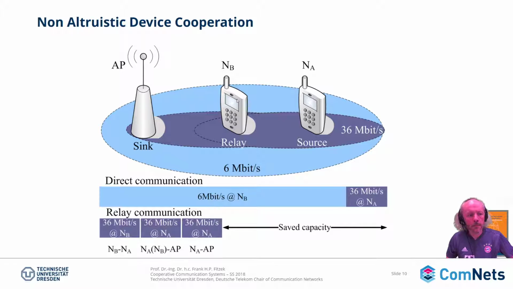Now, with that, you will see that now there is an incentive for node B to allow relaying. Why?